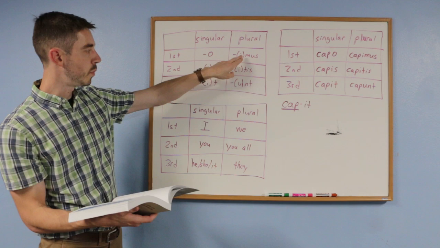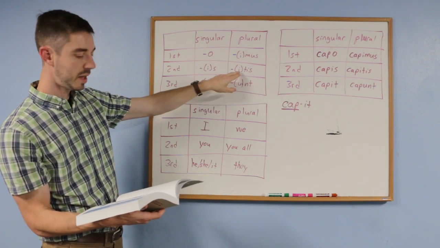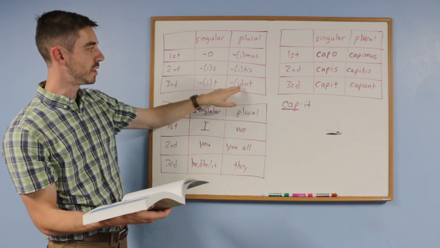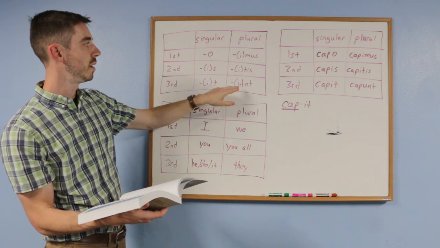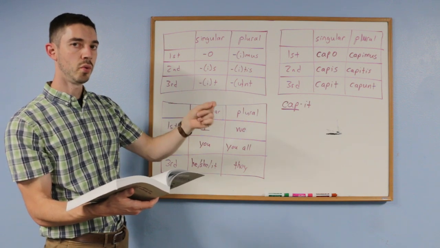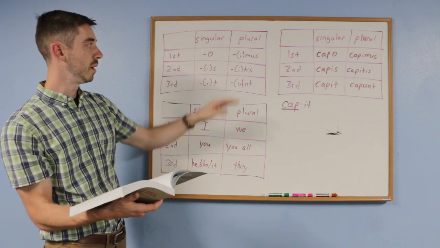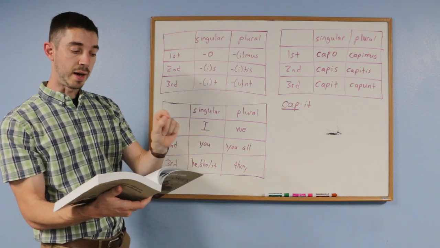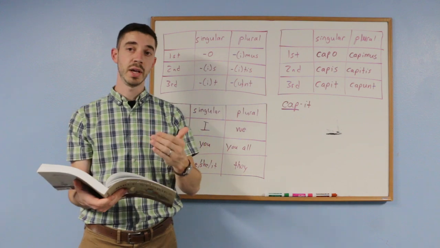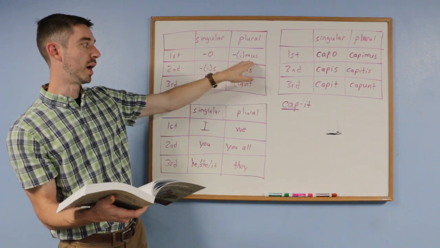You have an imus ending, you have an itis ending, and you have an unt ending, okay? So you have to say who is doing the action, who is rising, who is speaking, who is falling, okay? And then write that in the lines. I'll give you a hint. The first one would be we rise, okay?